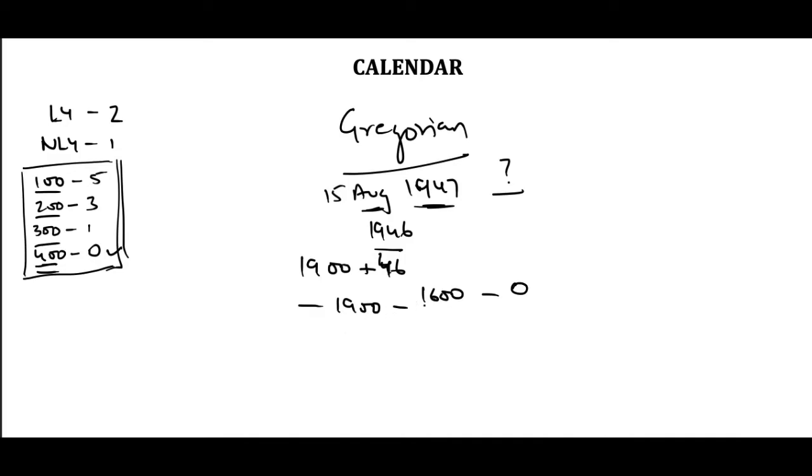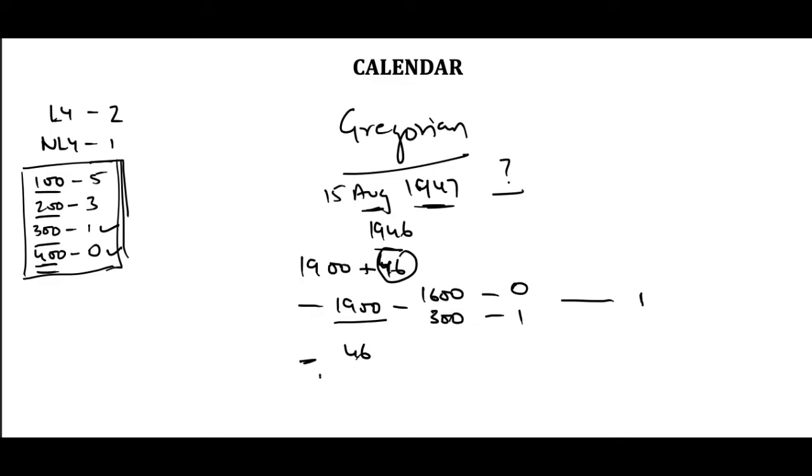If we subtract 1600 from 1900, we have 300, and in 300 we have 1 odd day. So in total 1900 has 1 odd day. This table has helped us directly calculate odd days from 1st to 1900, automatically divided by 7.